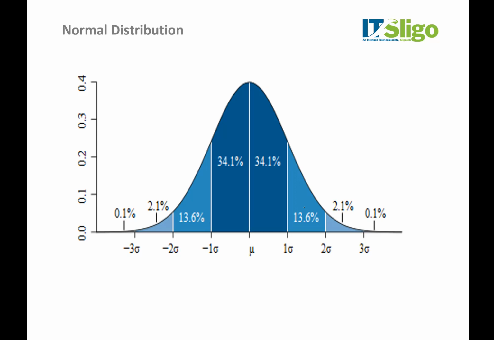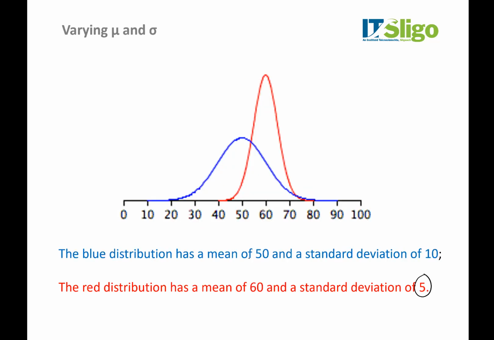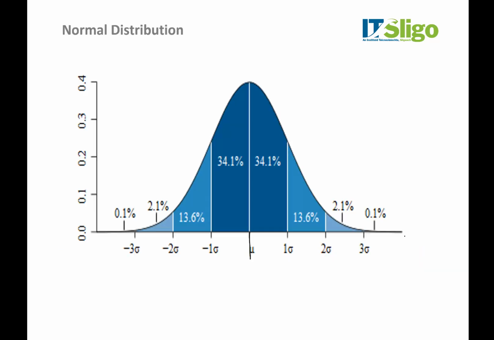Now, this is an important concept. When we have our results, say we were looking at marks, we'll do an example in a minute, if we go to one standard deviation from the mean, say we were looking at this example here, 50 and a standard deviation of 10.